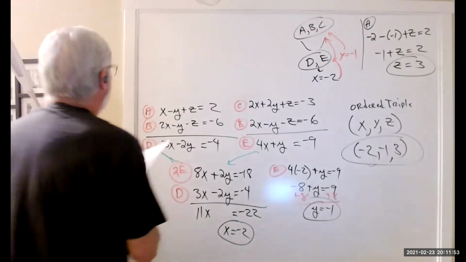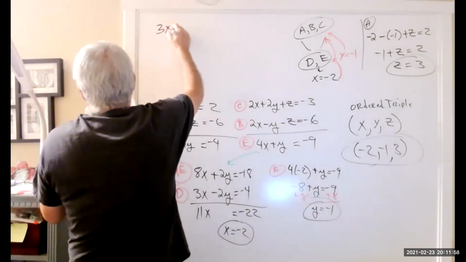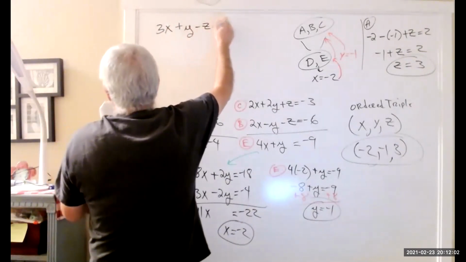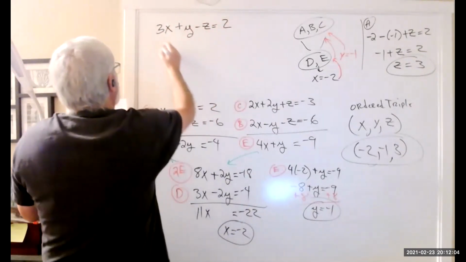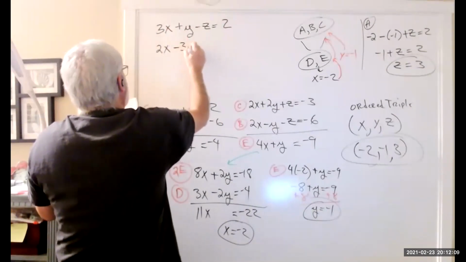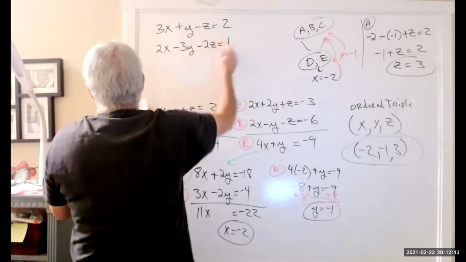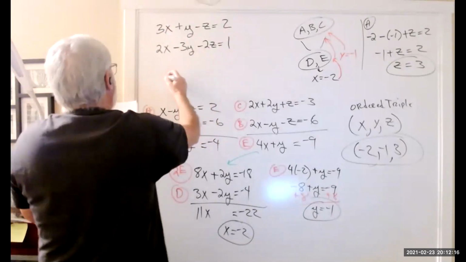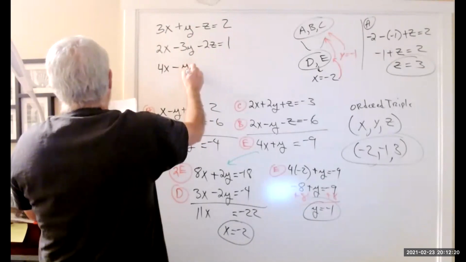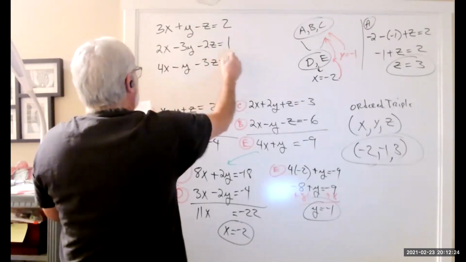Okay, here we go. First equation, 3x plus y minus z equals 2. 2x minus 3y minus 2z equals 1. And 4x minus y minus 3z equals 0.